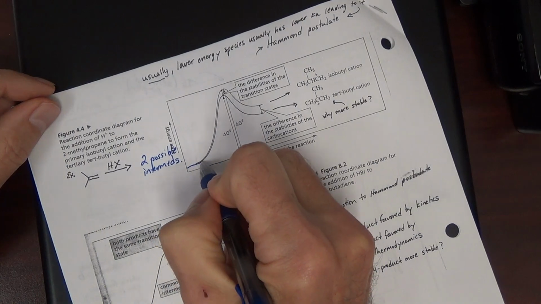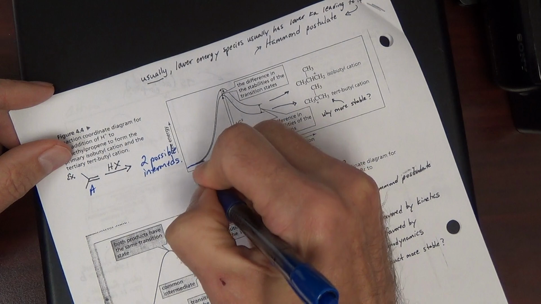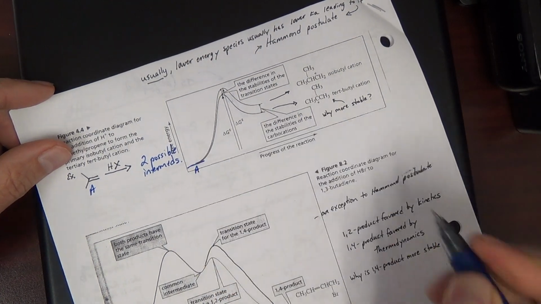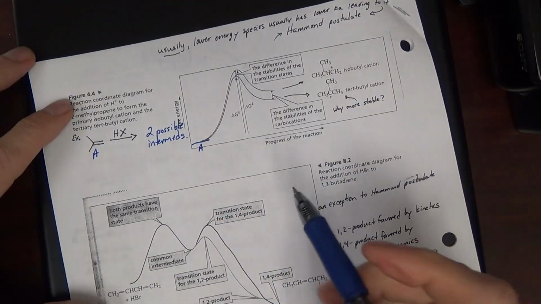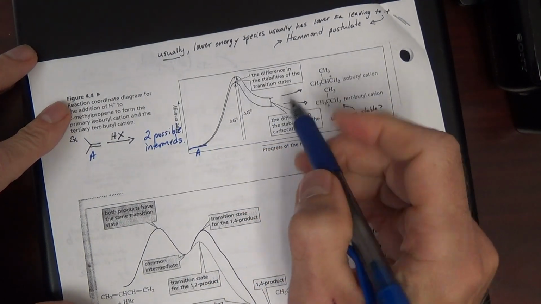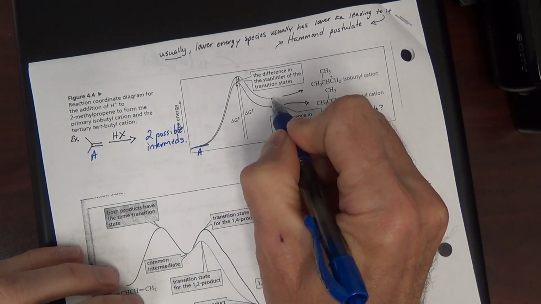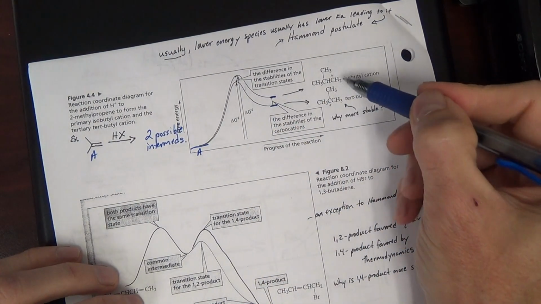So we're starting here with the alkene, we'll call that A. Two possible reaction pathways lead to two different intermediates. And these intermediates each have different energy. Here they are.